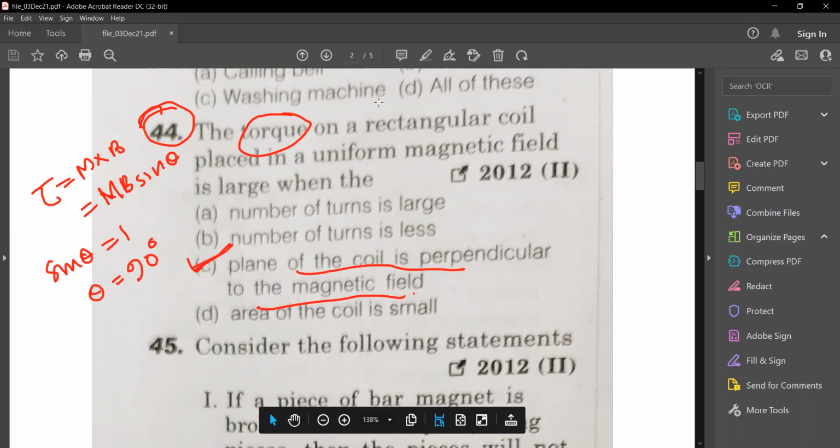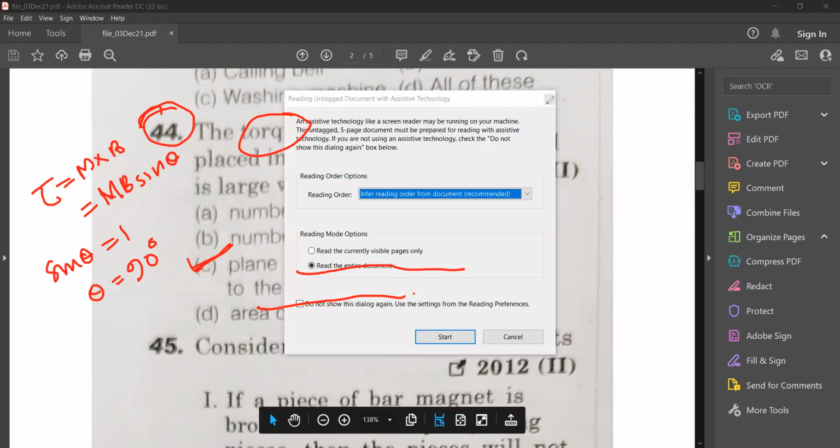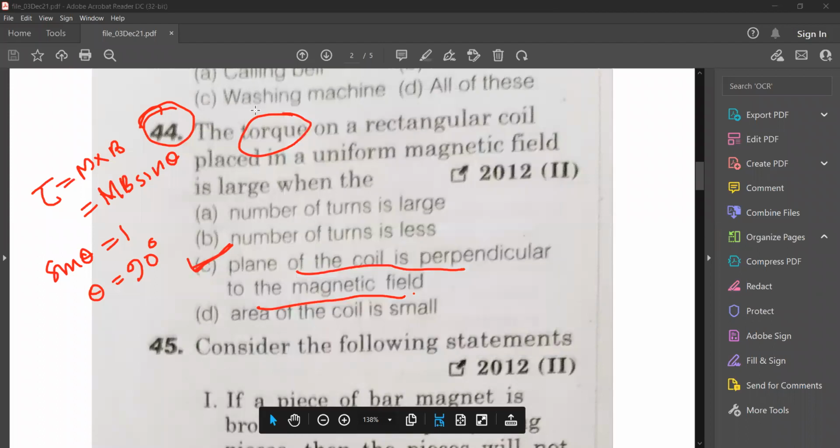So theta is equal to 90 degree. That means the plane of the coil should be perpendicular to the magnetic field. Then only we can expect maximum torque. Okay, so moving to the next question.